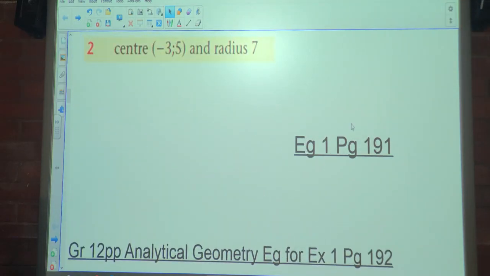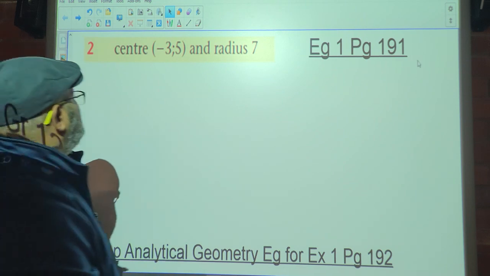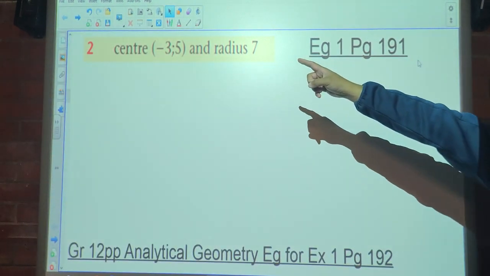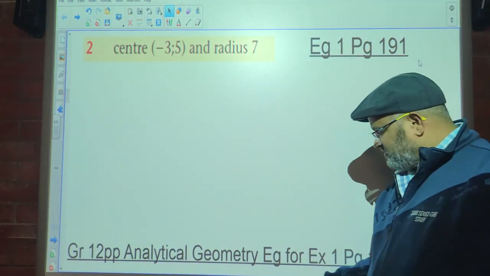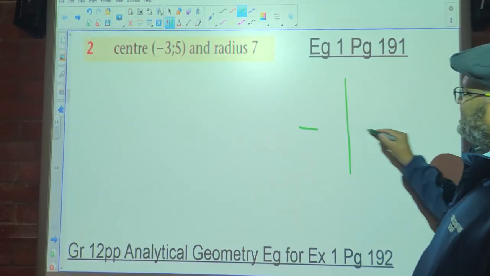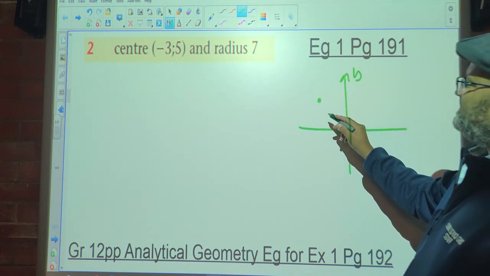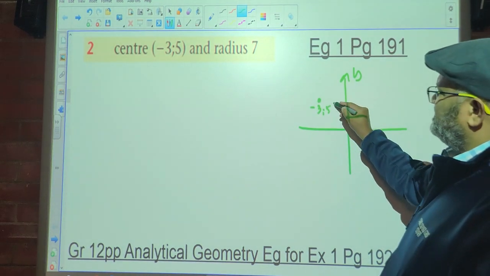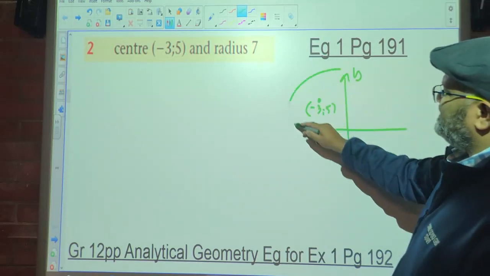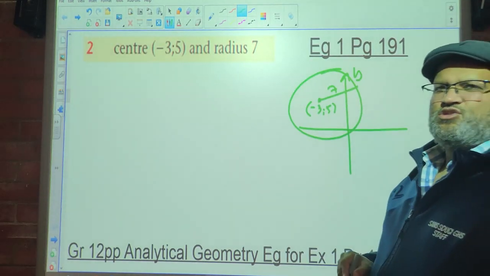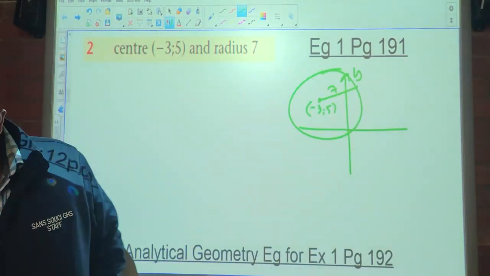People, the next question. Again, determine the equation. Now, what you notice about this question is that the center is not at the origin. So what we should be seeing here is (-3, 5), approximately there. This is an approximation, and then you've got a radius of 7. So what formula do we use here?